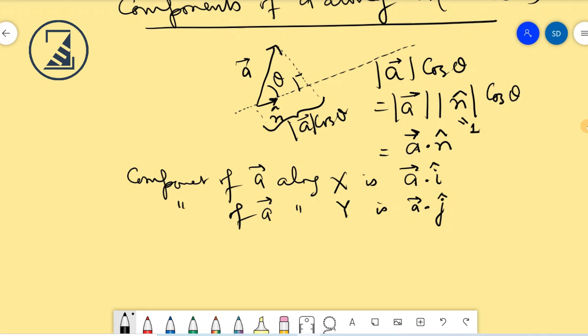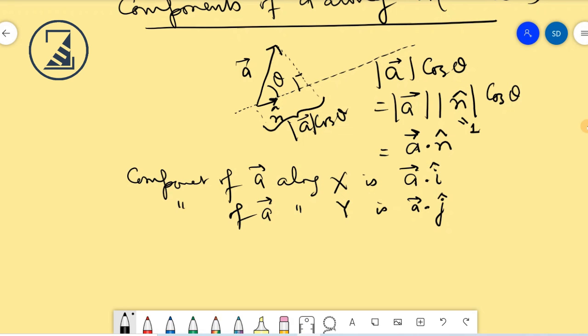I have introduced it this way because in physics we find situations where breaking components of a vector along two perpendicular directions, which are not x and y, becomes important. There are situations where we resolve along two perpendicular directions which are not the x axis and y axis.